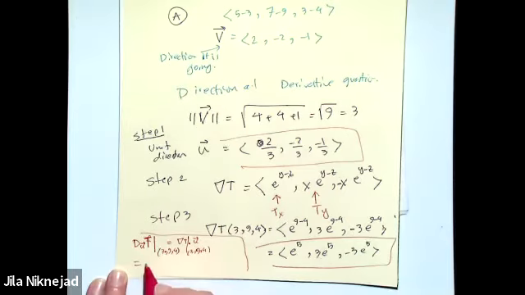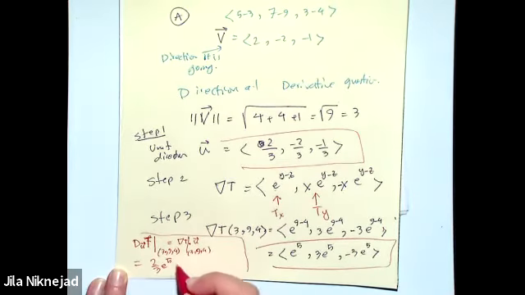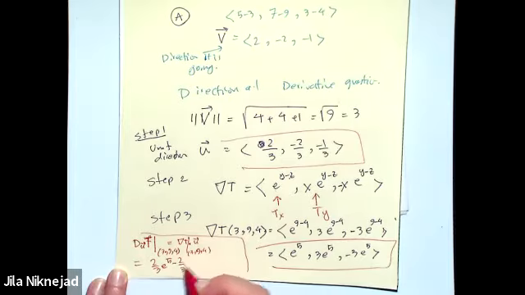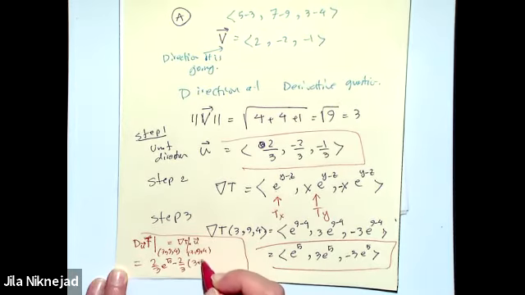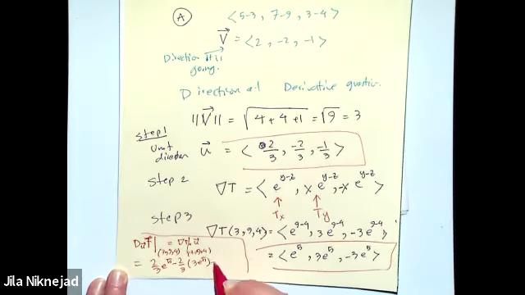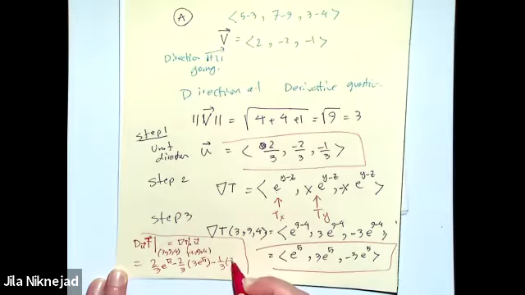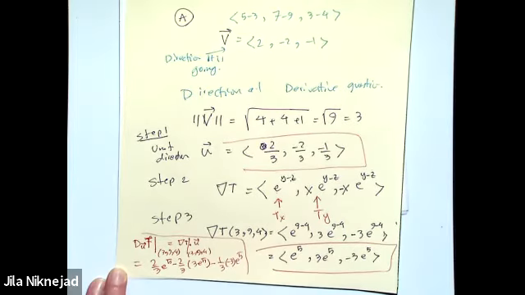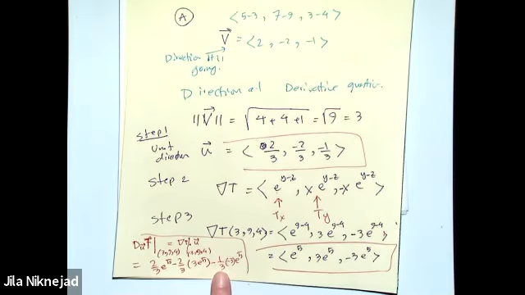And that is what? 2/3 e to the power 5 minus 2/3 times 3 e to the power 5 minus 1/3 times minus 3 e to the power 5. And you can simplify this and it would be one expression. What would it be? Now I want to know. This one is 1. That one is minus 2.